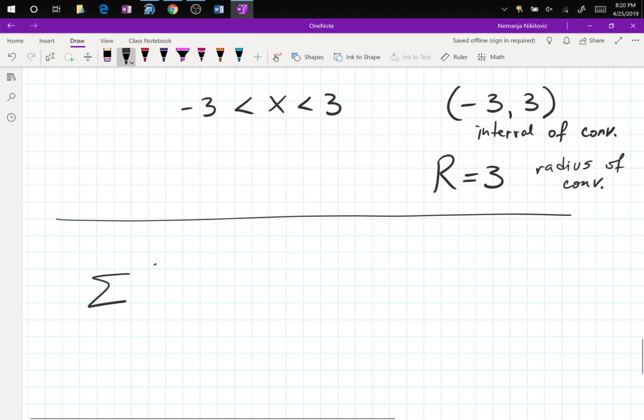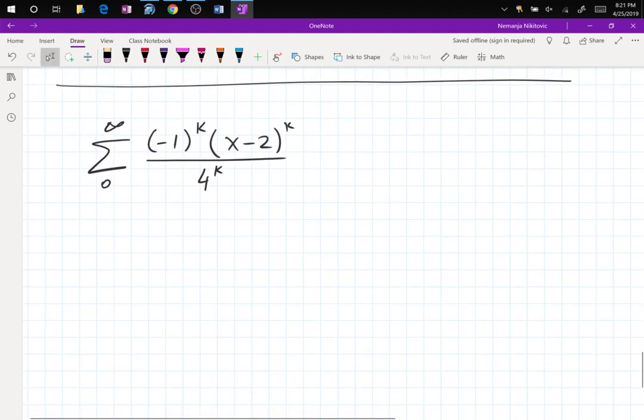Summation of negative 1 to the k, (x minus 2) to the k, divided by 4 to the k, k from 0 to infinity. That's alternating. Well, it's a power series.